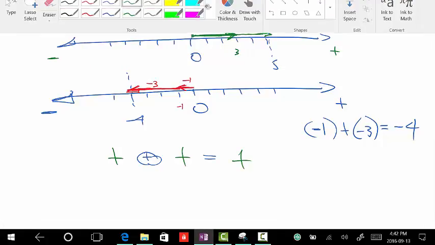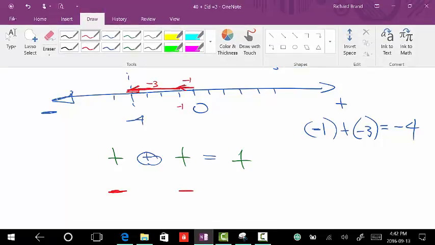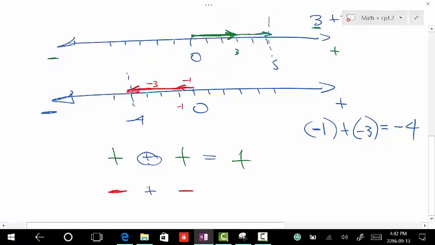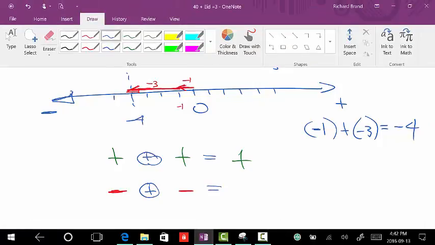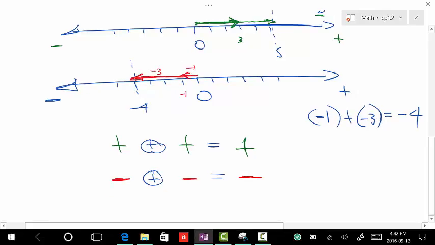If you have two negative numbers and you add them, you're always going to get a negative number because you're going to the left on the number line in both cases.